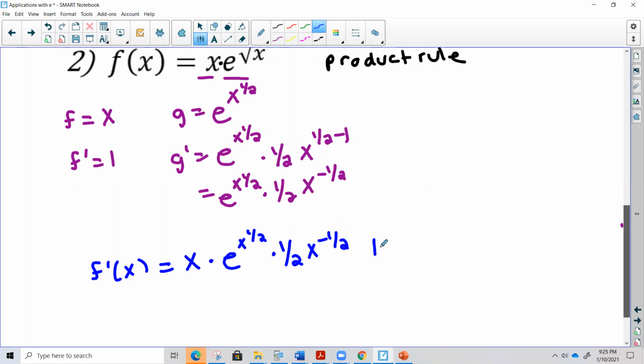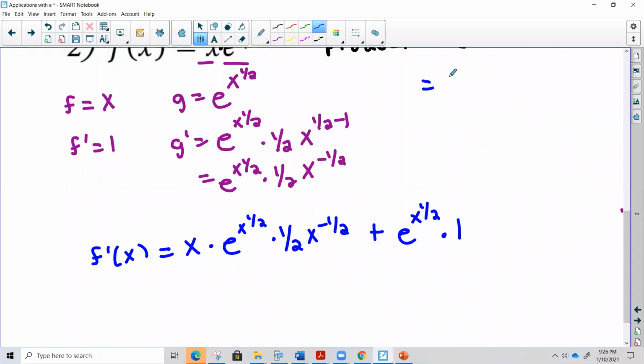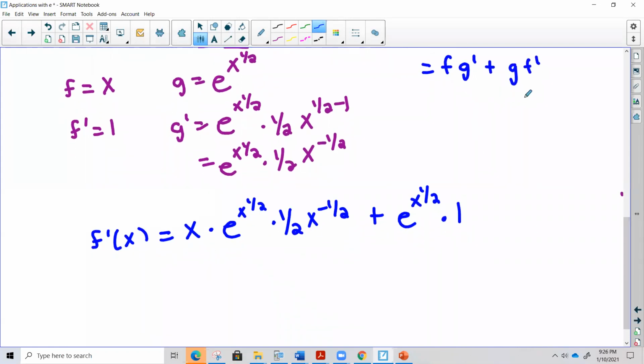Okay, then the product rule is plus, and then I do my second, so e to the x to the 1/2 times the derivative of the second. Okay, so product rule in general is like f times g prime plus g times f prime. And the order really doesn't matter. It just matters that you're taking the one and multiplying it by the derivative of the other.